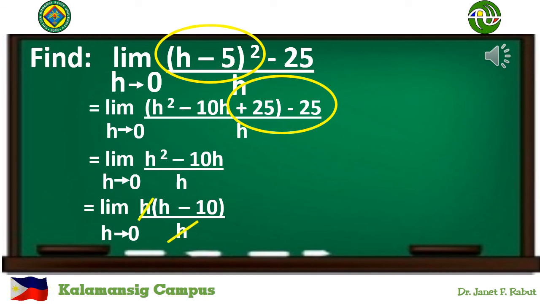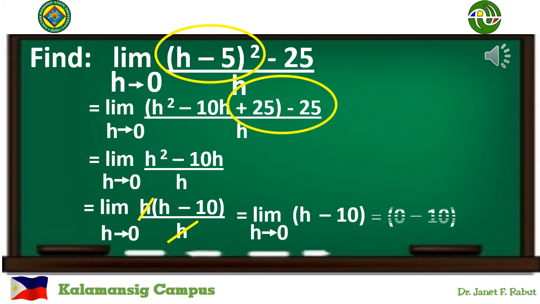Then what we have is h minus 10. Finally, we will plug in the value of our h, which is 0, because our h approaches 0. And 0 minus 10 is equal to negative 10. Therefore, the limit of quantity h minus 5 squared minus 25 all over h as h approaches 0 is equal to negative 10.